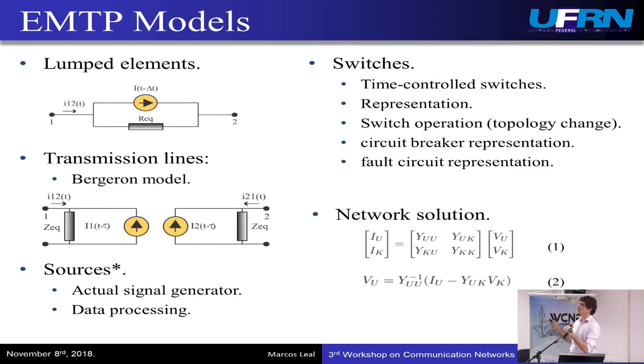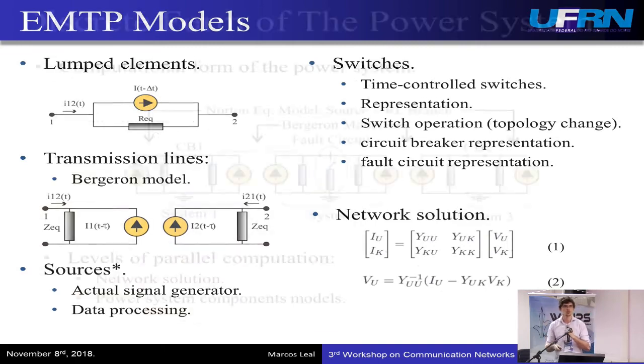A switch operation means a change in the topology of the power system, so you have a different admittance matrix for each switch operation. The switch represents the circuit breaker and the fault circuit. And the network solution is used to find the voltage at the nodes.